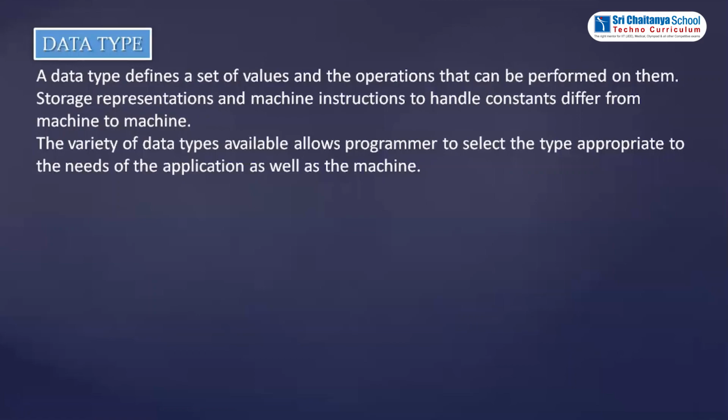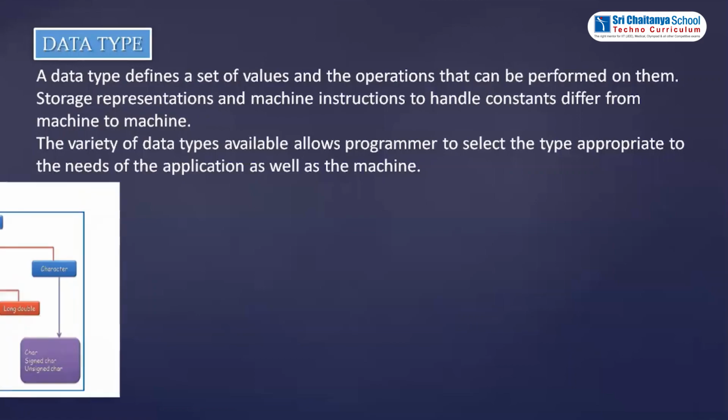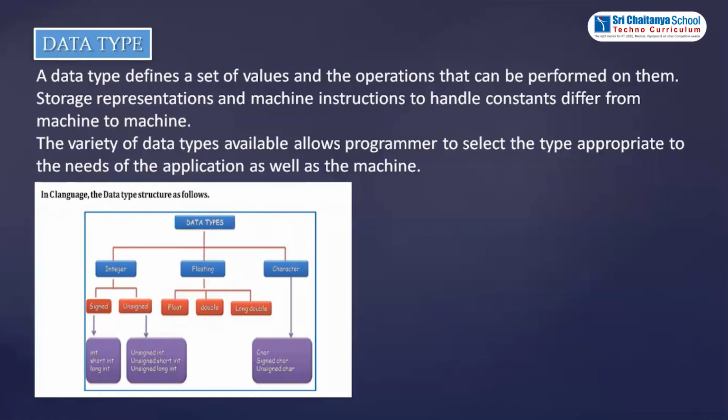I'm going to add two integer numbers, so my data type should be integer, because the values which I'm going to assume are of integer data type, and I can declare it as int a is equal to 10 and int b is equal to 20. And when I say this integer, what are the possible operations? It can obviously be your arithmetic operations. So this is the use of your data type.